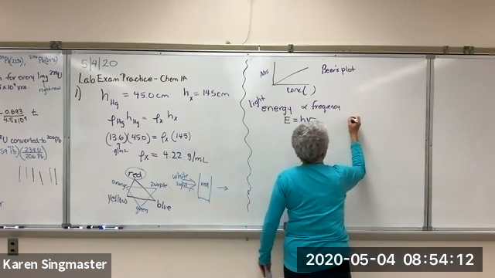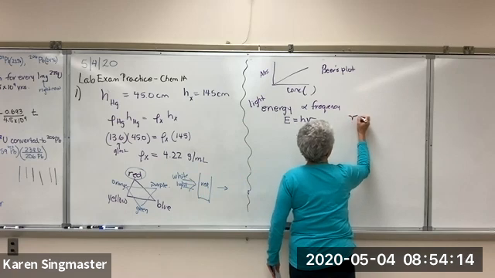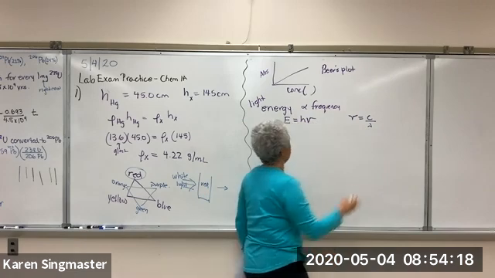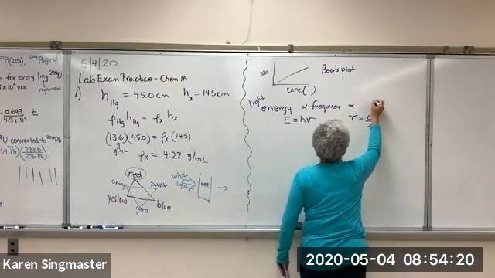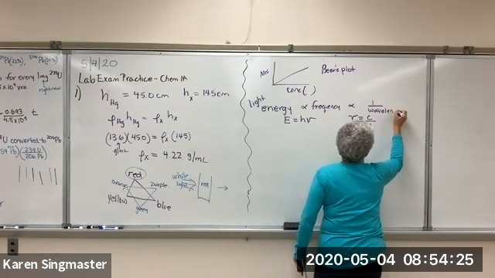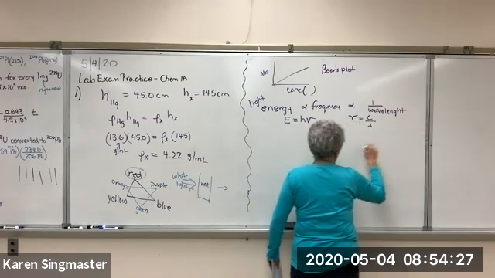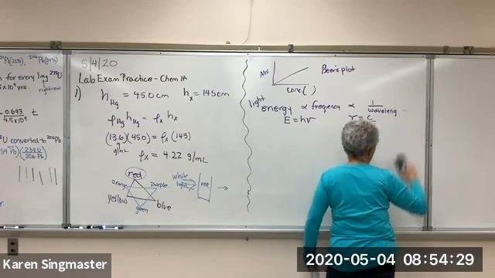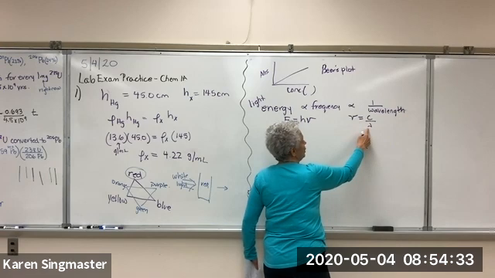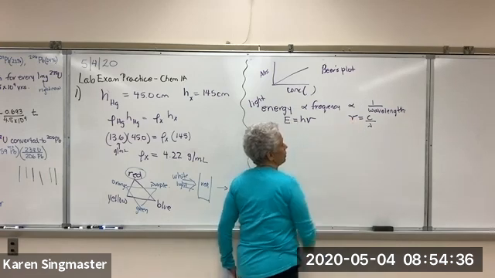However, when you look at frequency, frequency is c over lambda, so those two are inversely proportional. So this one is 1 over wavelength. All right, so when this increases, that decreases, okay?